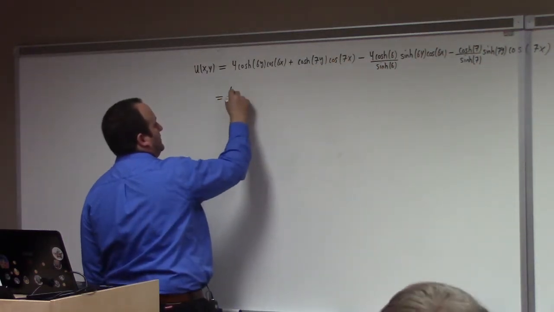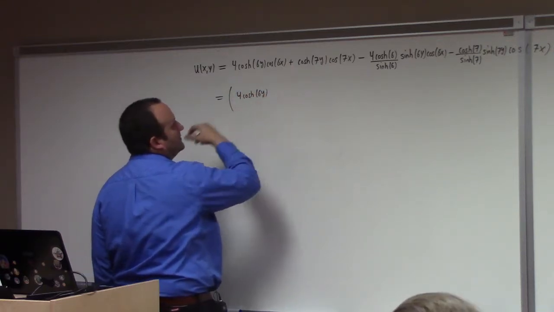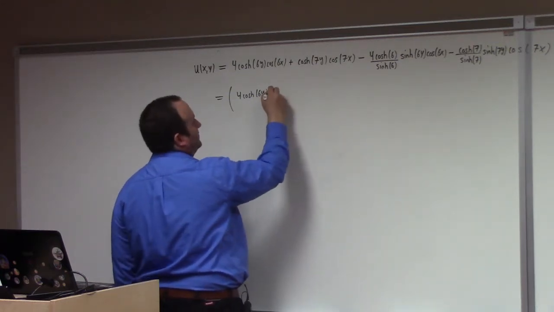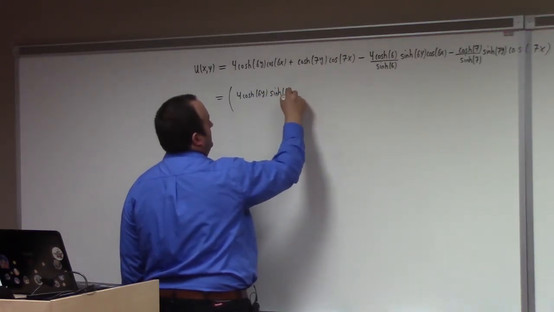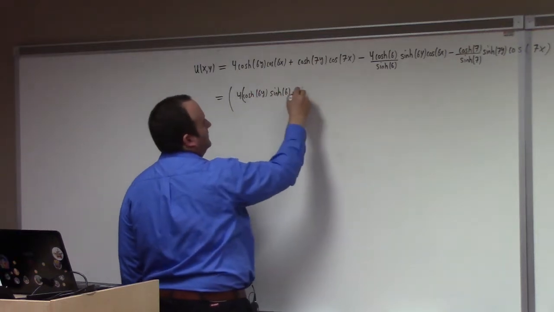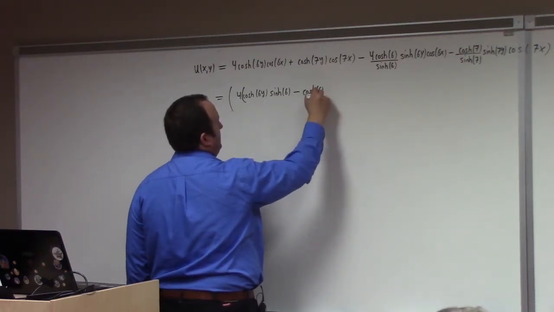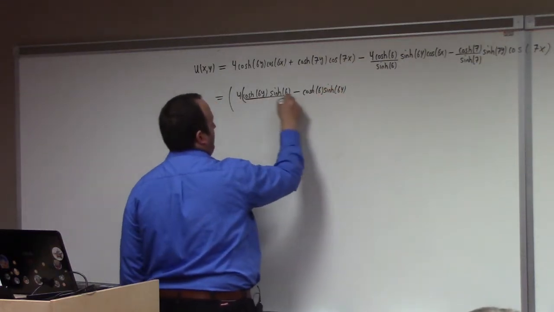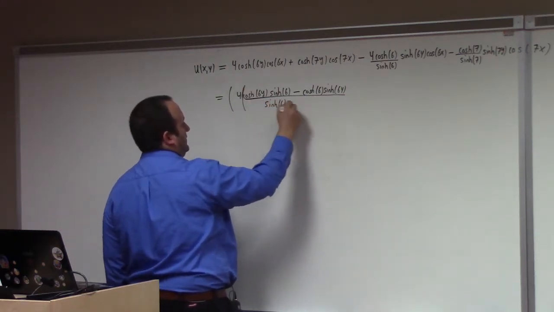All right, let's clean this up a little bit. What we have is 4 cosh of 6y. I'll make a common denominator, sinh of 6, minus cosh of 6 sinh of 6y divided by sinh 6.